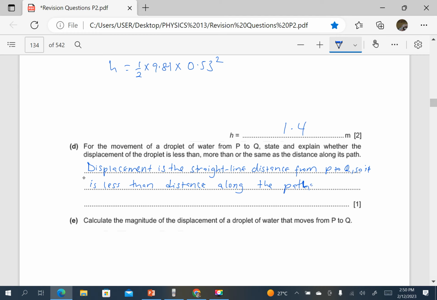It is less than the distance along the path. Or you can simply say that displacement is the shortest distance from P to Q, so it is less.